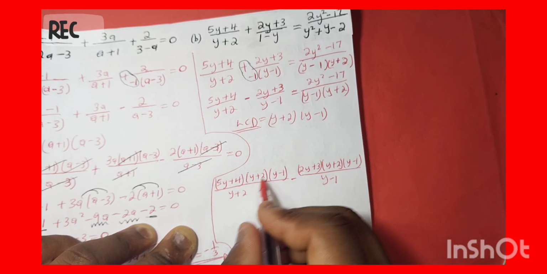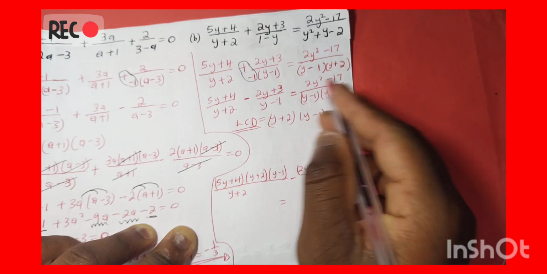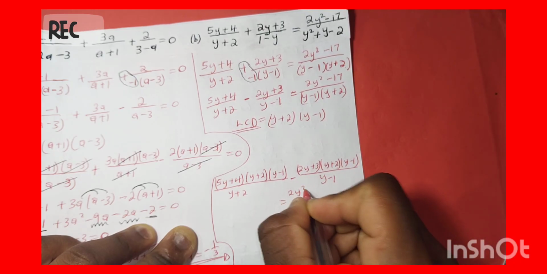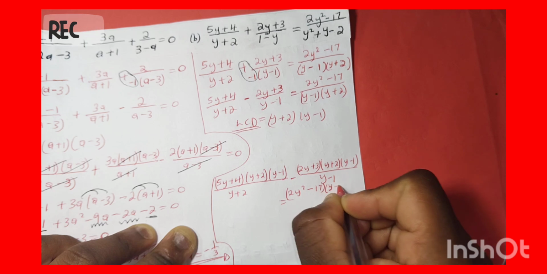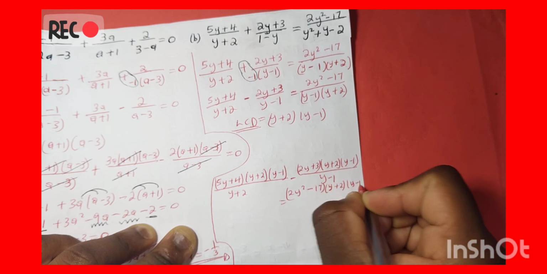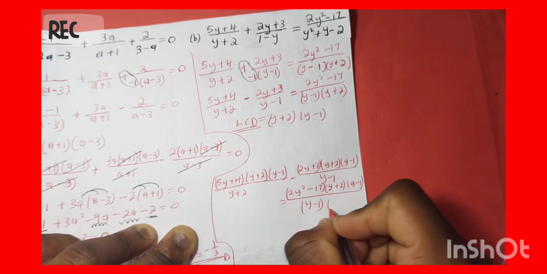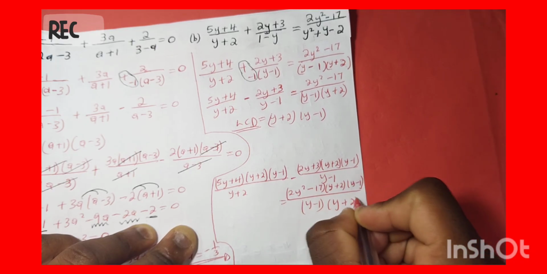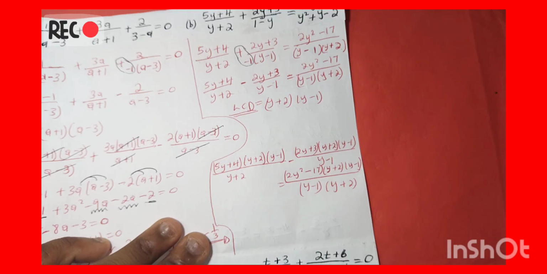All of this is supposed to be equated with 2y squared minus 7, which is y plus 2, y minus 1. I hope, guys, you can see my writing. It's because I don't have enough space, but I will use the space that I see here.